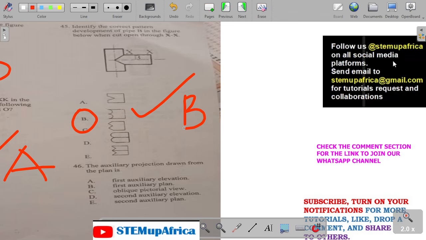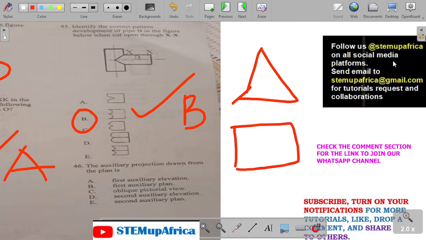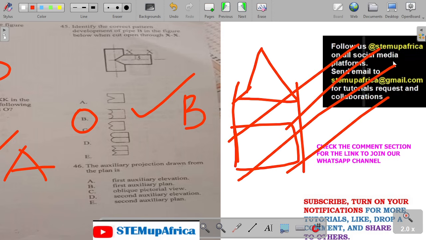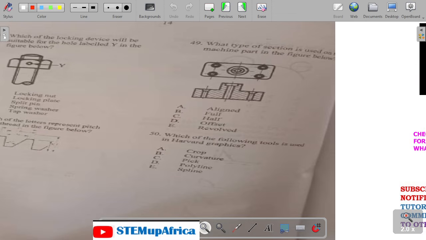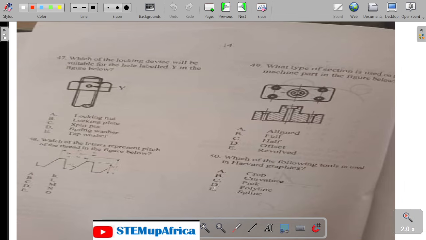It said the auxiliary projection from the plane, when you have the plan and you have a view like this. Don't forget, the plan gives you this. When you project from the plan, you are going to have the first auxiliary elevation, which is A. First auxiliary elevation, that is A. Then number 47, so the locking device, this is part of mechanical parts, will be suitable for hole labeled Y. Is what?